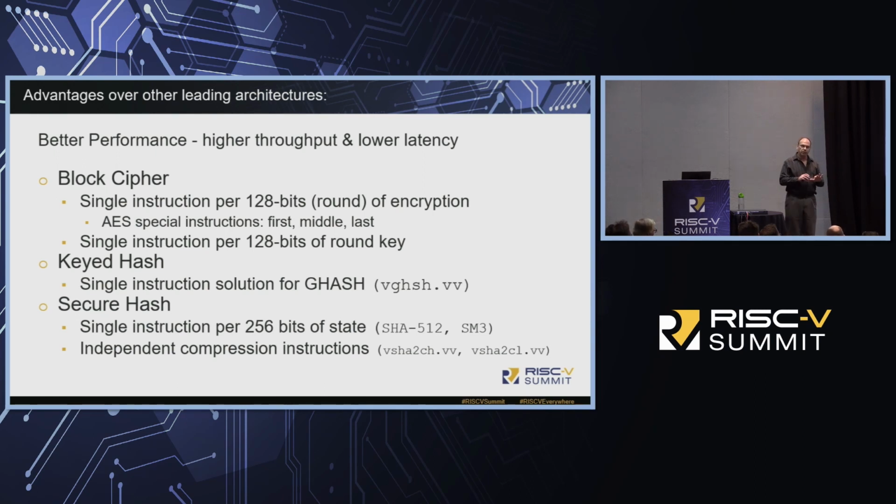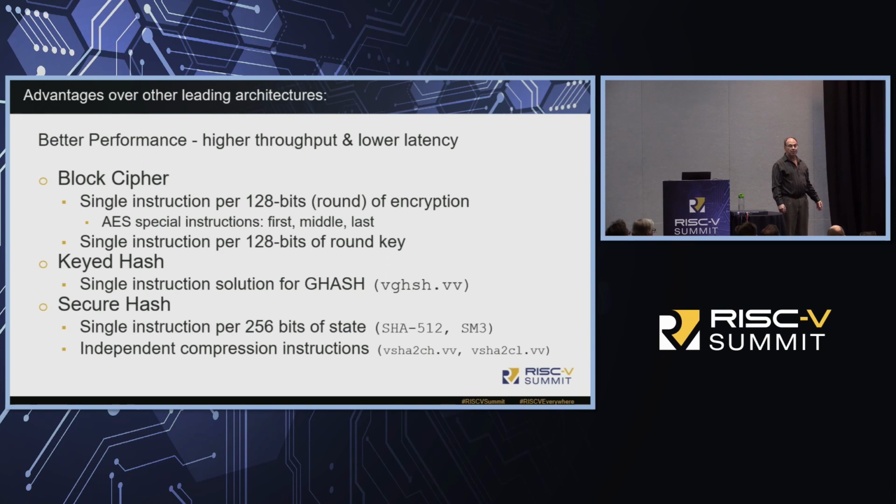Oh, so I said, yeah, we looked at the algorithms to determine how to come up with these instructions, but we also implement them. So we want to make sure that they're implementable. So these instructions, it depends on your implementation, your technology frequency, but the idea is you can implement them in 3 or 4 cycles of latency. And then for the secure hash, for SHA-512 and SM3, we update 256 bits of state per instruction.